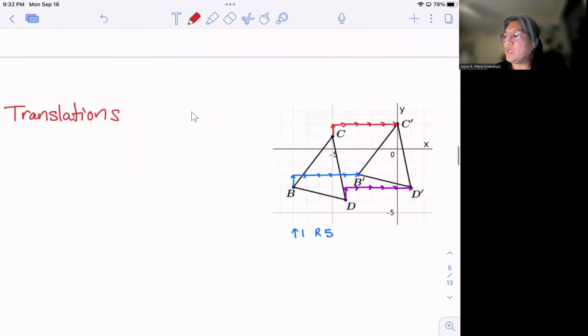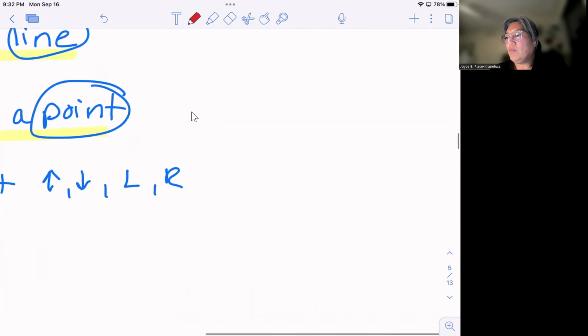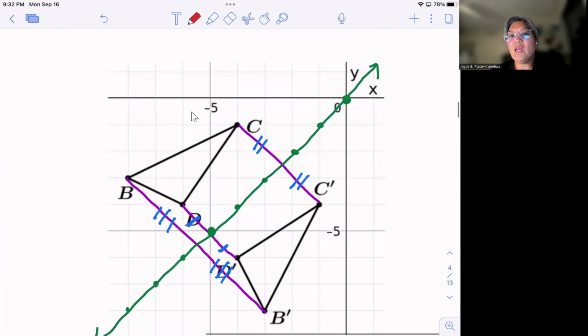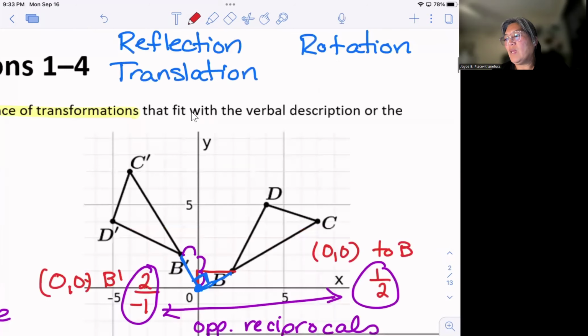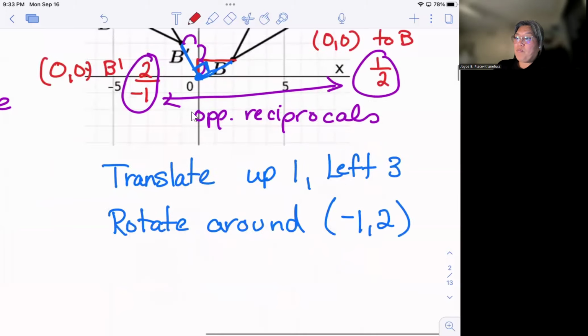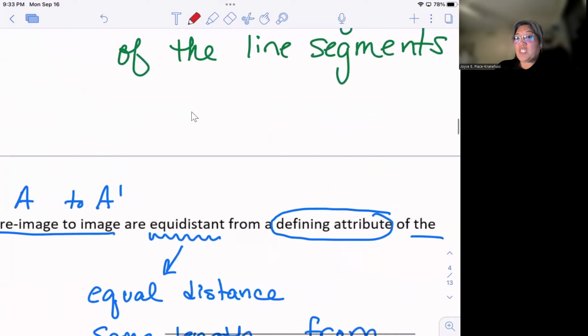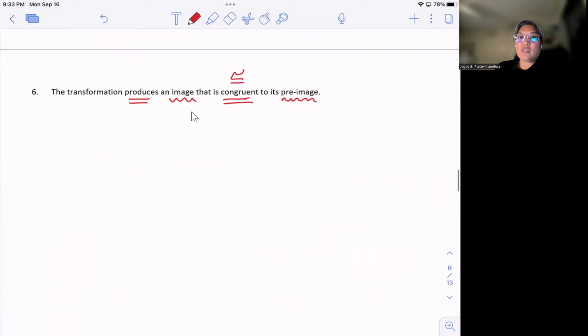So take a look at this one. Can I move BCD, cut it out, and put it on B prime, C prime, D prime? Can I take BCD, cut it out, turn it, and put it on top of B prime, C prime, D prime? Because those are the three transformations we've had: rotation, reflection, translation.